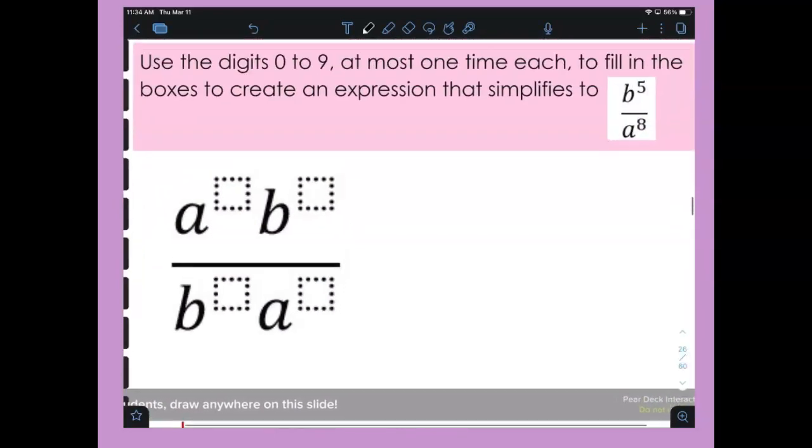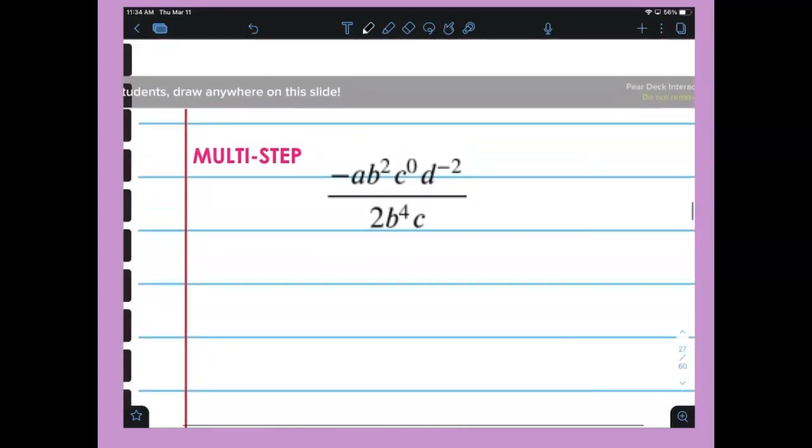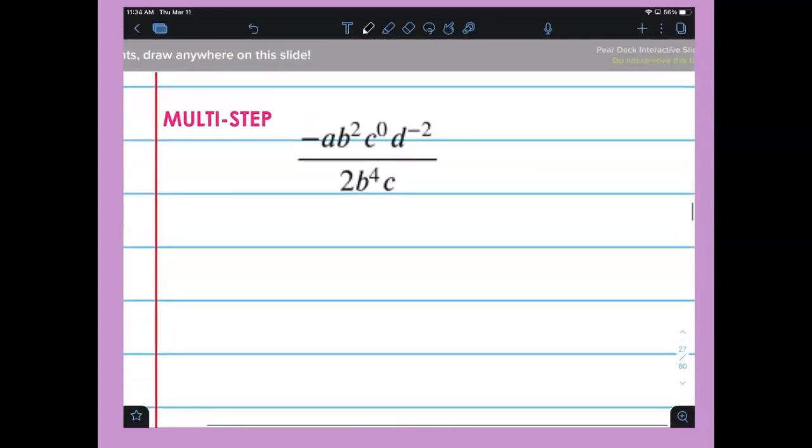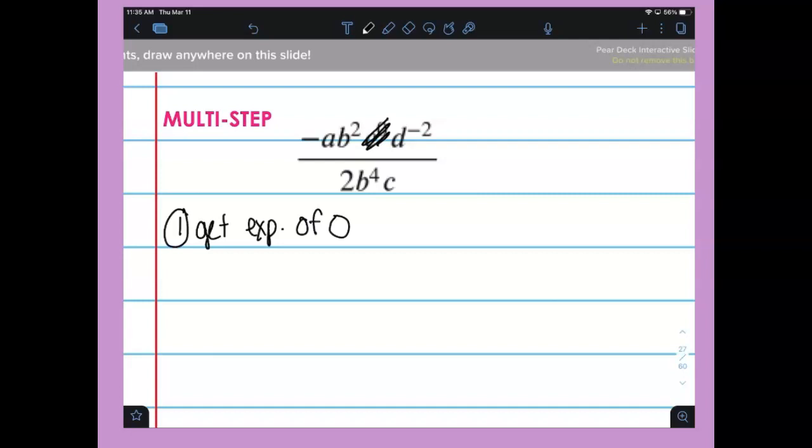Okay, here's a little challenge one, and it's multi-step. When you have multi-step ones, the first thing I do is get rid of the zero exponents. C to the 0 just turns into a 1, which means we multiply by 1, so it's whatever's left over.